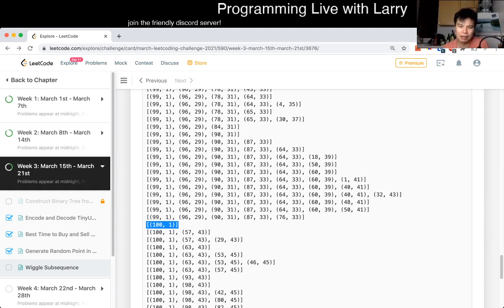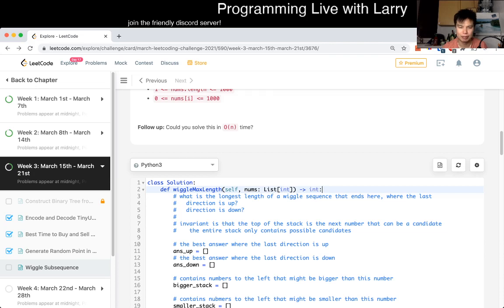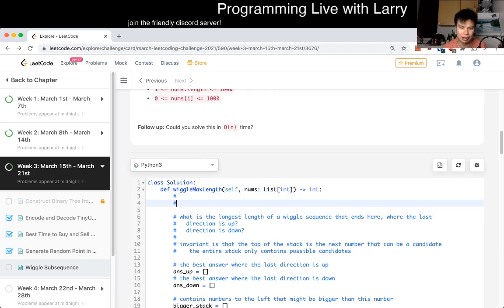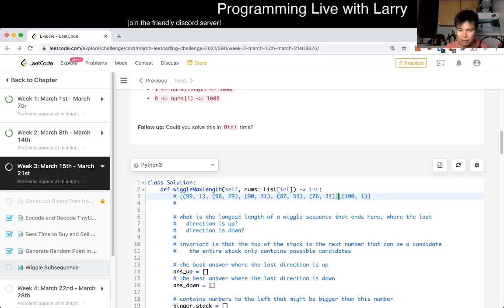Because let's say, I think the core problem is, let's say you have these two candidates and the next number is a 50. Well, if the next number is a 50, I think I took it for granted a little bit in my invariant earlier, because I think I was solving it for kind of a different problem, because I didn't get the longest length part. But let's say that's your stack, if you will.